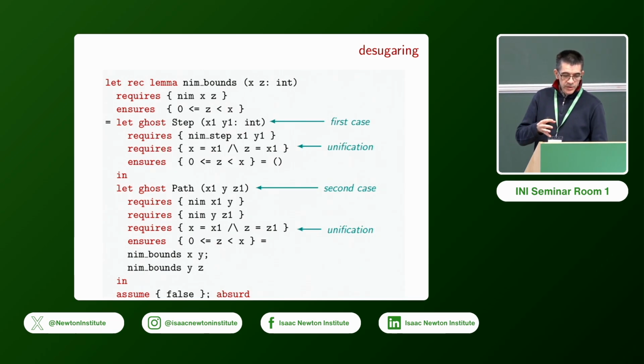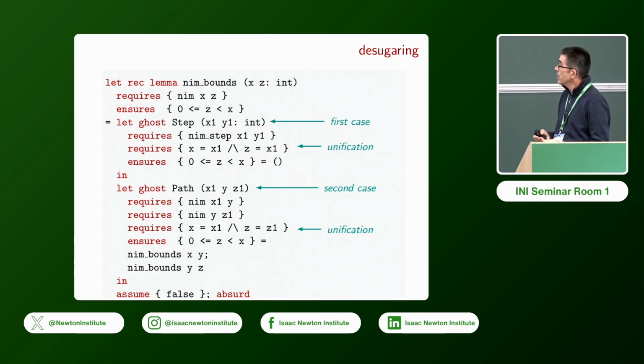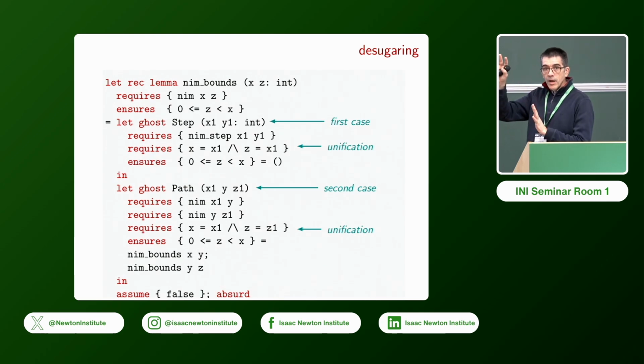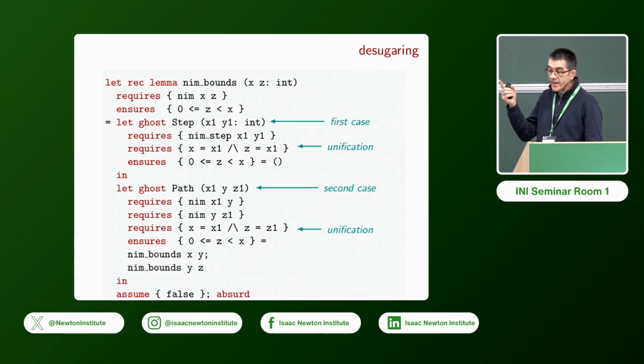The preconditions are the hypotheses of these various cases from the definition of the NIM predicate, but also preconditions saying that the parameters of these cases should unify with the parameters of the hypothesis we are doing the case analysis on, which was the H hypothesis in our case. So these are the unification lines here. And then the post condition of the lemma function is given as a post condition for these two functions.